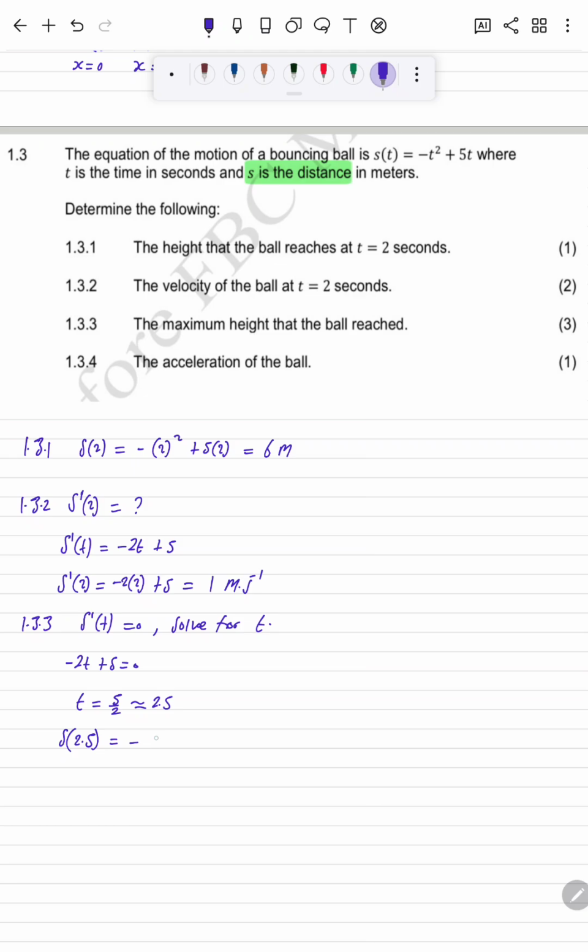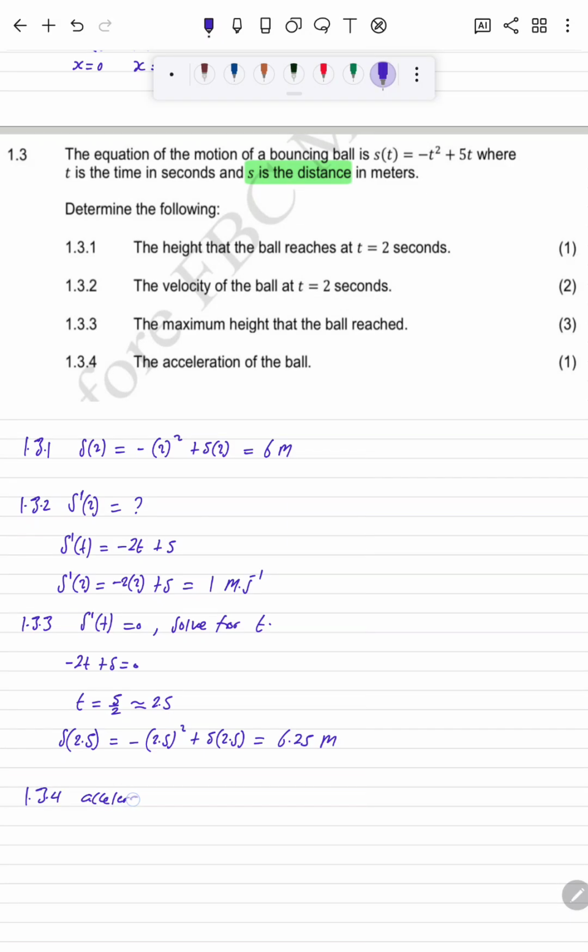So we're going to have negative, open bracket, 2,5 close bracket squared plus 5 multiplied by 2,5. And that's going to give us 6,25. So the maximum height of the ball is 6,25 meters above the ground.